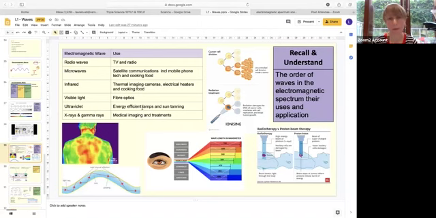UV light, most of us will probably recognise it as being for sun tanning, those sunbeds, which as we're all aware are highly dangerous, but also energy efficient lamps as well. And then the last two have been banded together, X-rays and gamma rays, and those are for medical imaging.